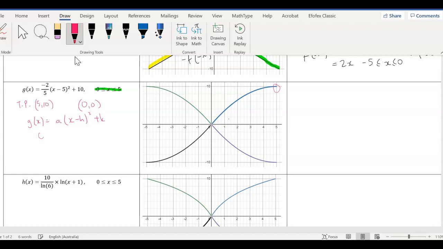So h is 5 and k is 10. So when we solve for a, it's going to be negative 10 on that side, and then negative 5 squared is 25a. So a equals negative 10 on 25, which is negative 2 on 5.